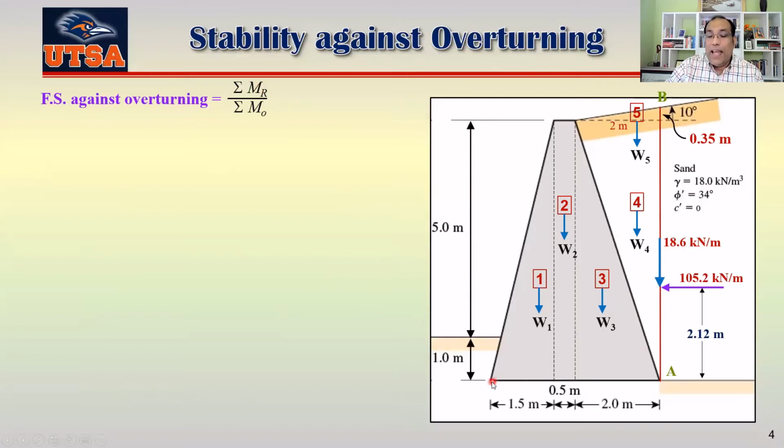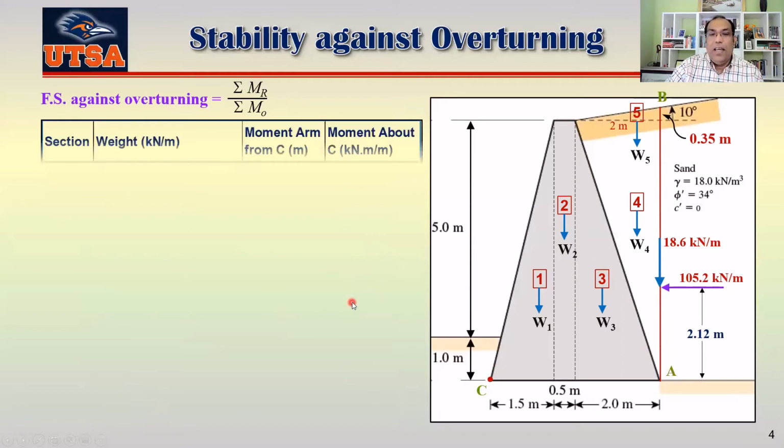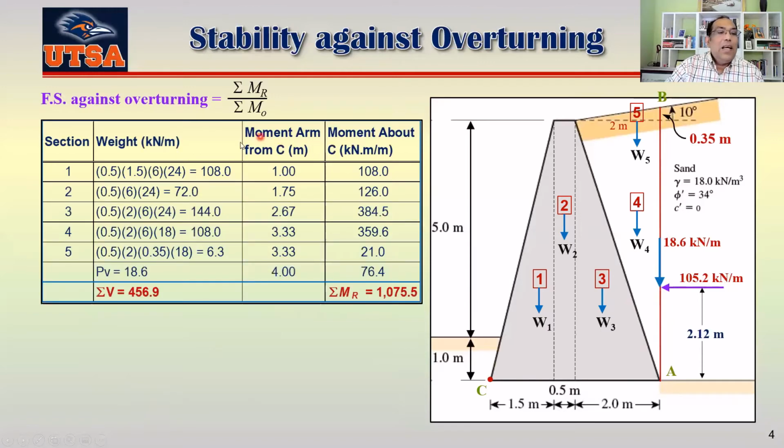On the other hand, this force, 105.2 kilonewton, is trying to overturn the wall in this direction. If we take a moment at point C here, that's the calculation I get. These are sections 1, 2, 3, 4, 5.